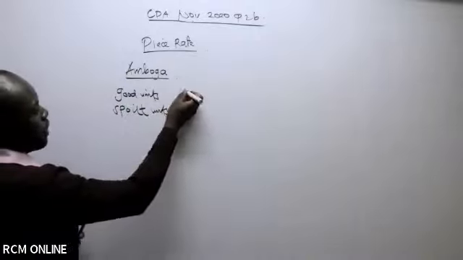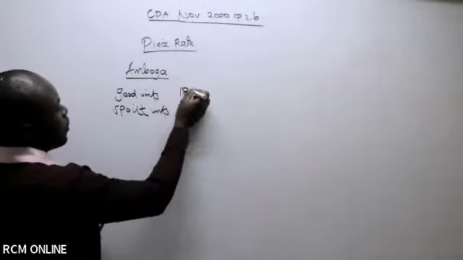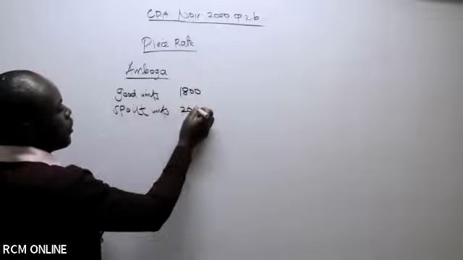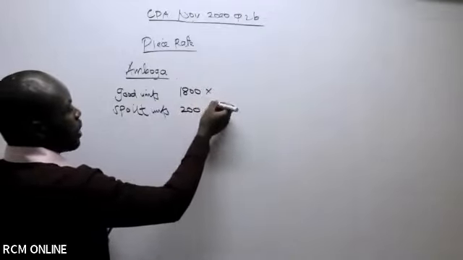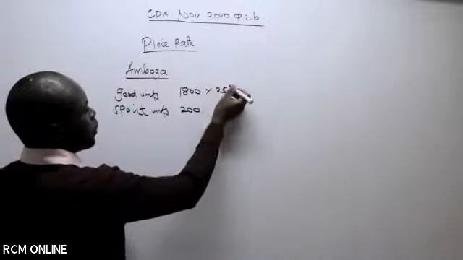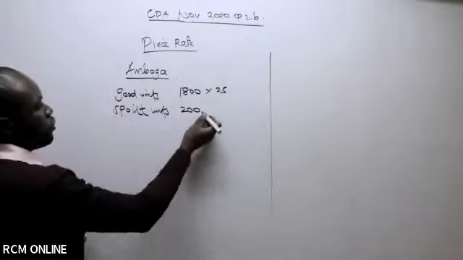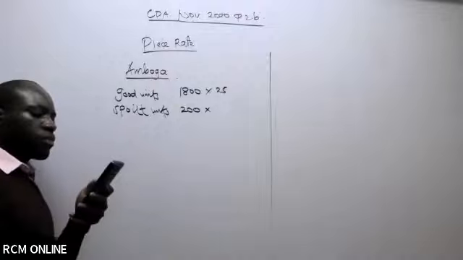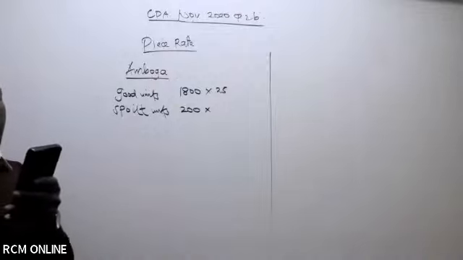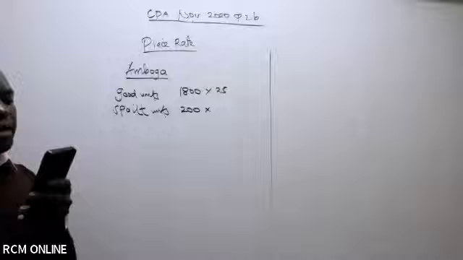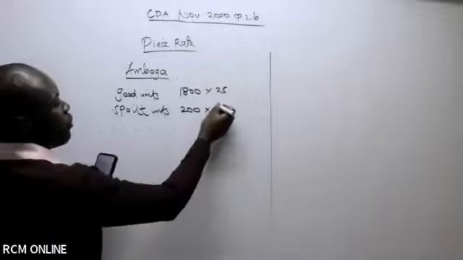So good units is 1,800. Then spoiled is 200 units. So the good unit, the company is paying how much? 25 shillings, right? Then the spoiled units, the company is paying how much? Any spoiled output is paid at the rate of 10 shillings per unit, right?